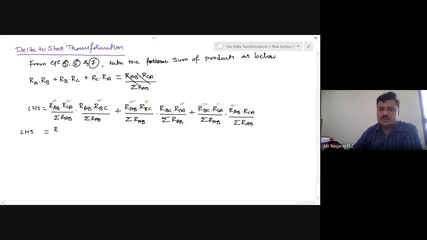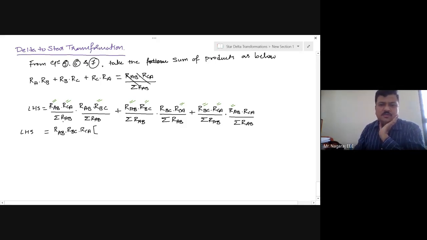If I take these common, in the first term RAB remains, in the second term RBC remains, in the third term RCA remains. So I take RAB into RBC into RCA common, and into the bracket I keep the numerators.